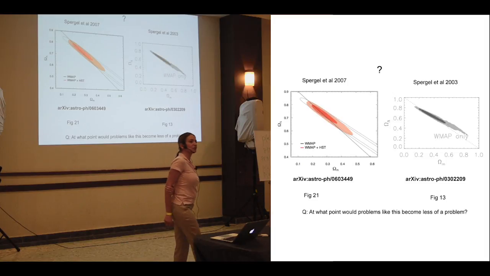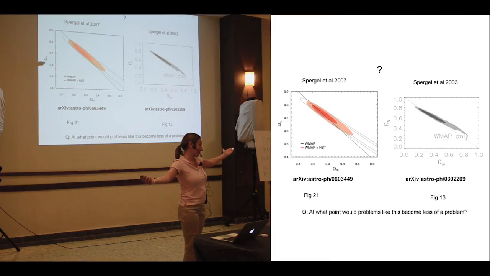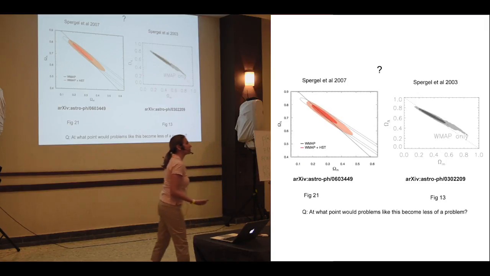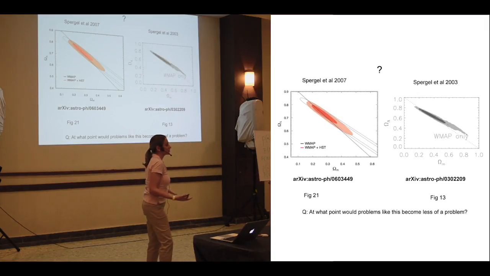Maybe if you have more data. Right. At some point, the data overcome the prior. So you should go to your funding agency and actually say, but look, you need to give me more money because I need more data, because I want to know what the data tell me, not what the prior tells me.